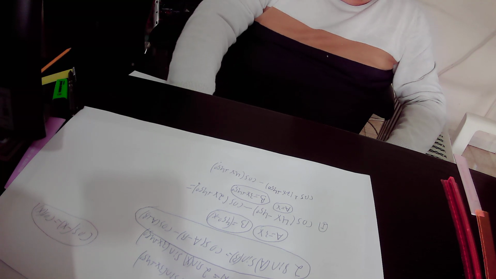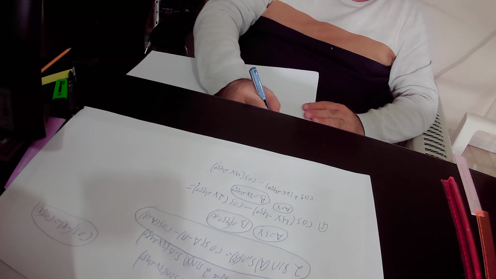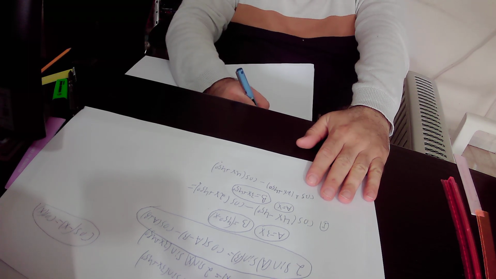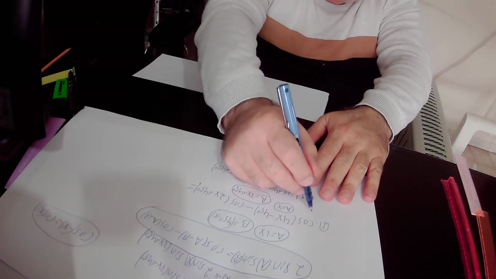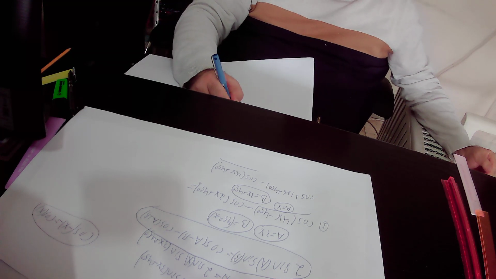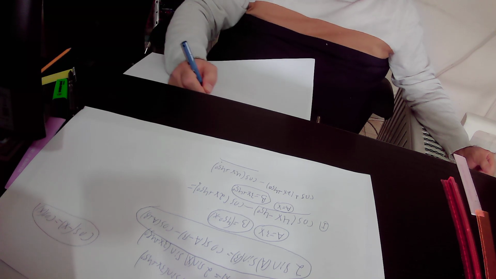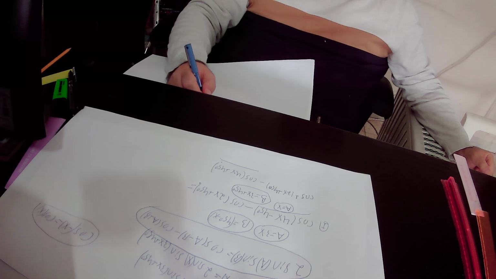Okay, and we will get that according to equation number 1, cosine 4x minus 45 degrees plus cosine 4x plus 45 degrees will be equal to 2 times cosine 2x plus 45 degrees.